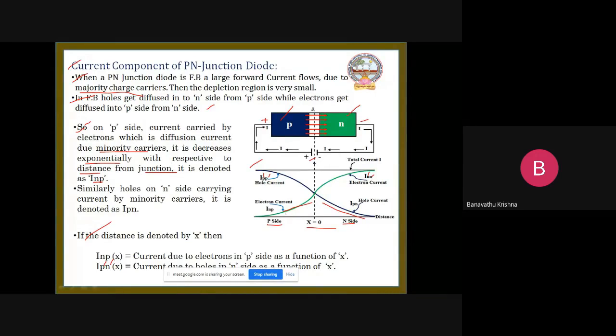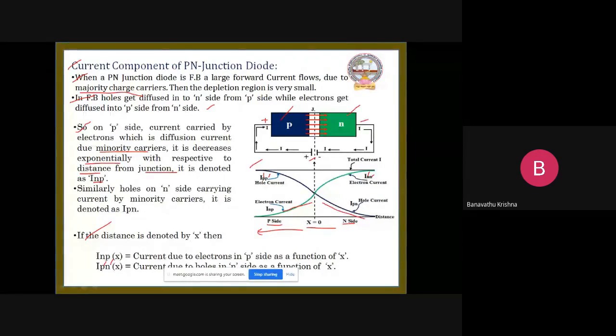Why? Because by applying this voltage, the charge carriers are moving away from the junction. These are the minority charge carriers. Those minority carriers are moving away from the junction, then the distance from the junction increases, and then automatically the current decreases.